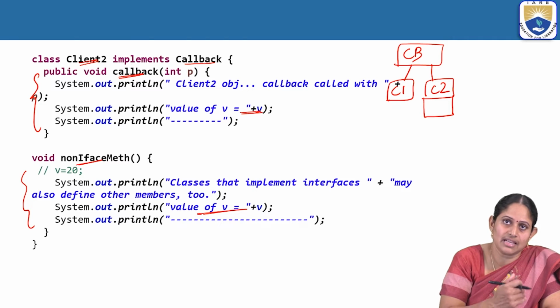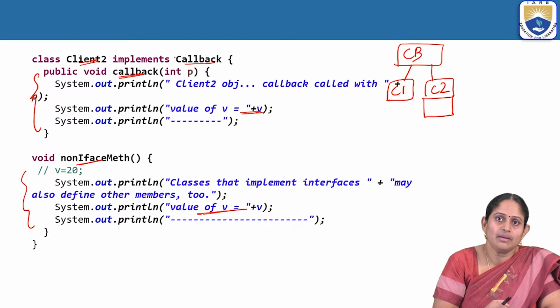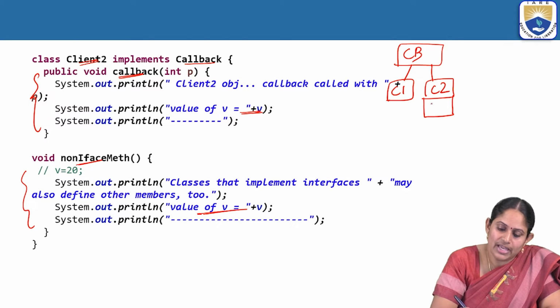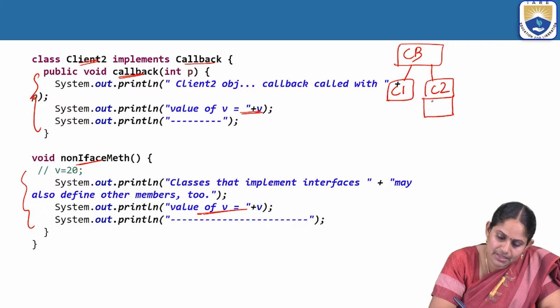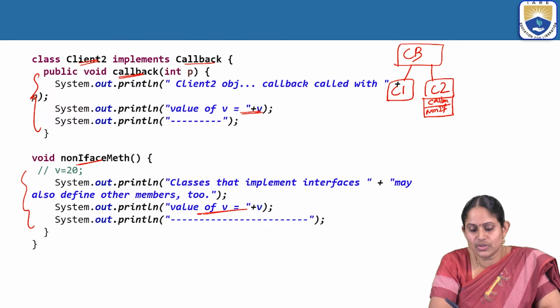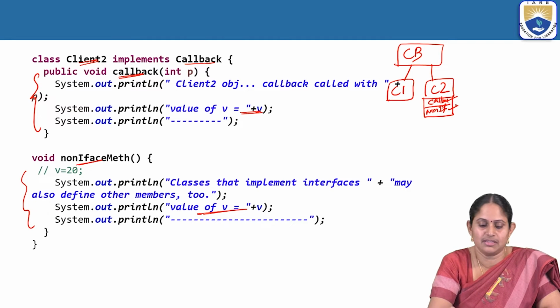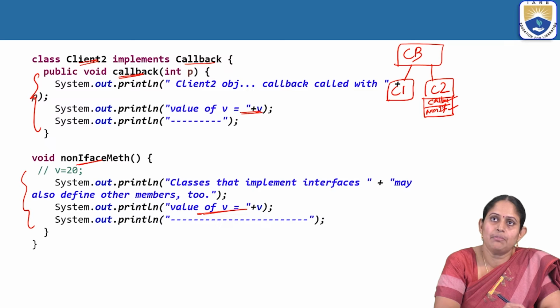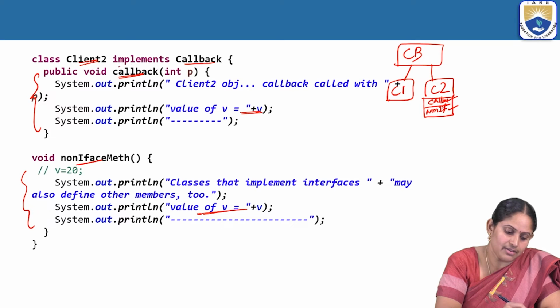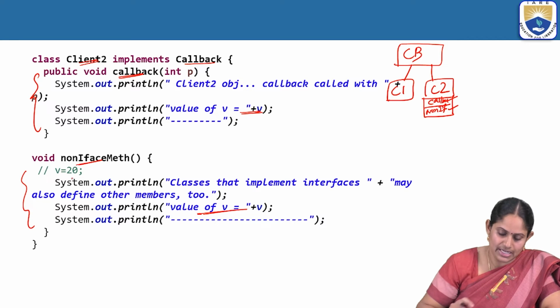So the client2 class has two methods: one is the implementation of the interface method, and the second is the member method of client2.